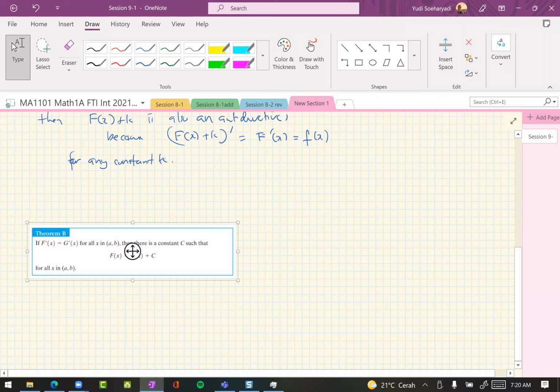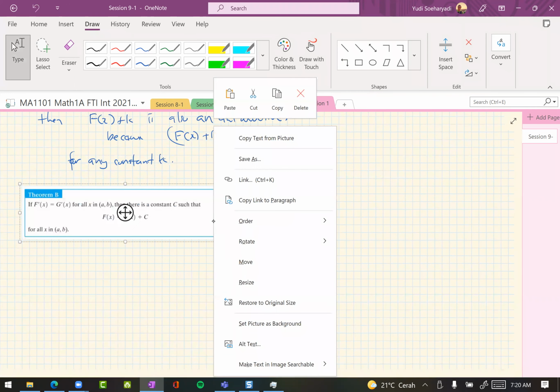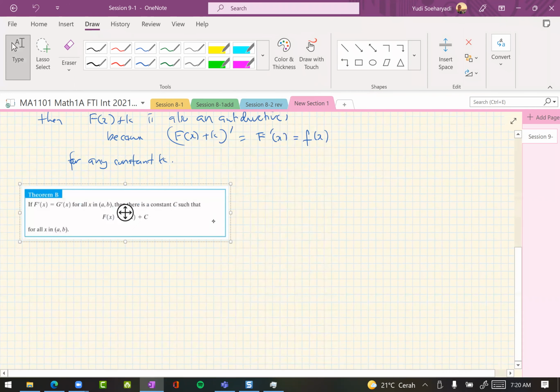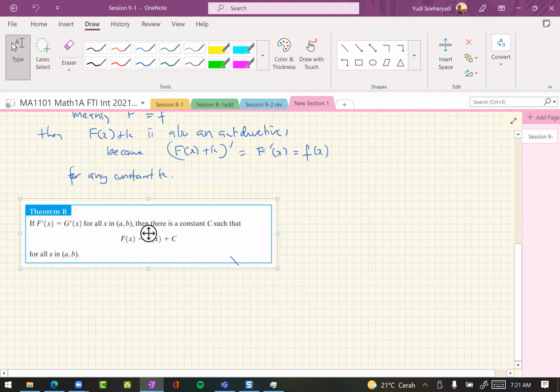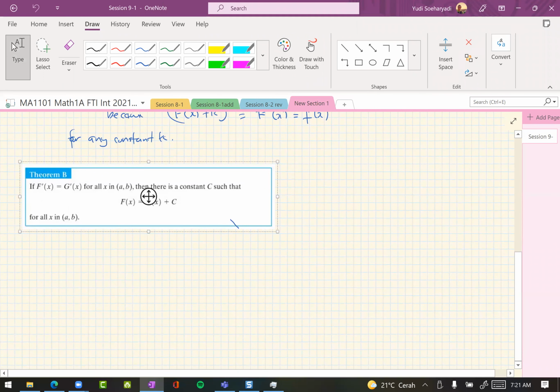In fact, you have this one here. This is Theorem B from the last section we had. That is the mean value theorem. Okay. So in fact, this is from the mean value theorem.